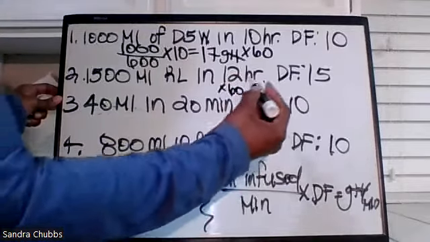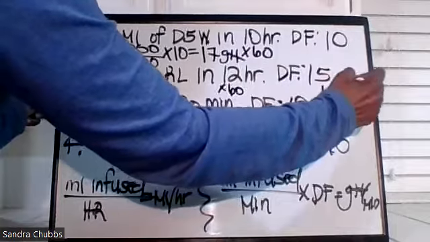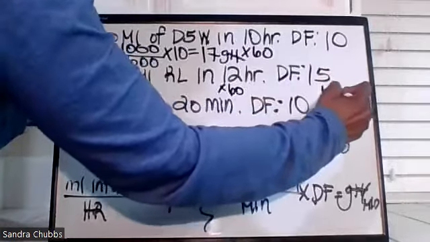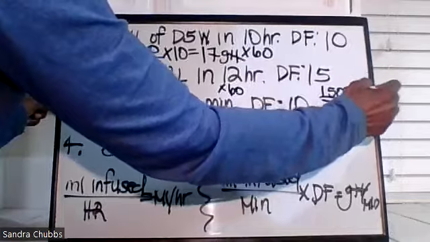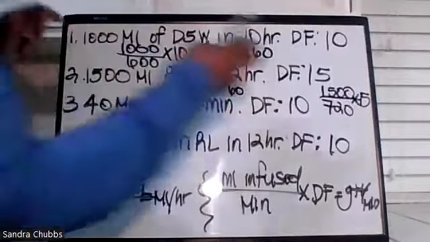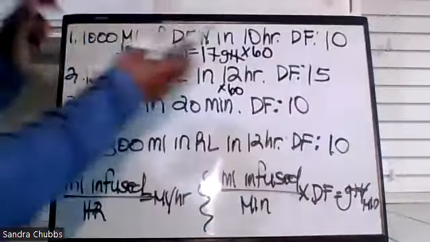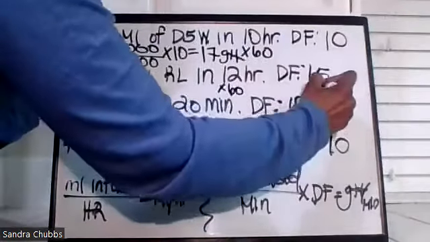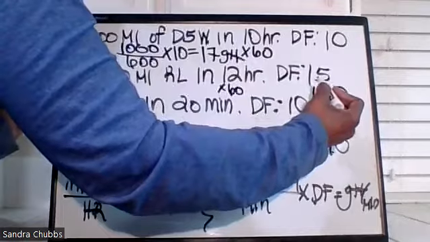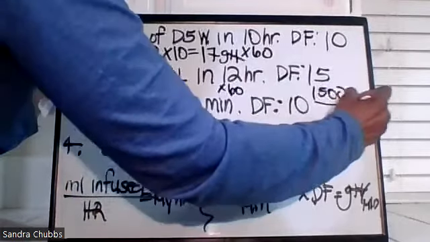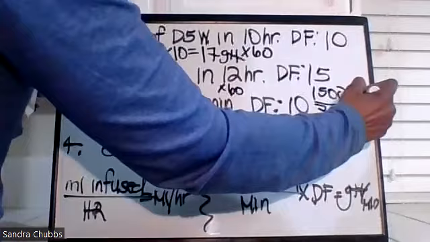So let's squeeze this one somewhere. It's 1,500 divided by 720 times the drop factor, 15.